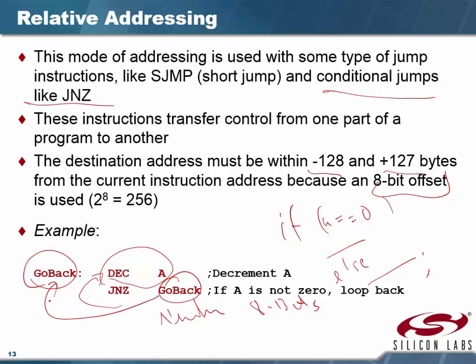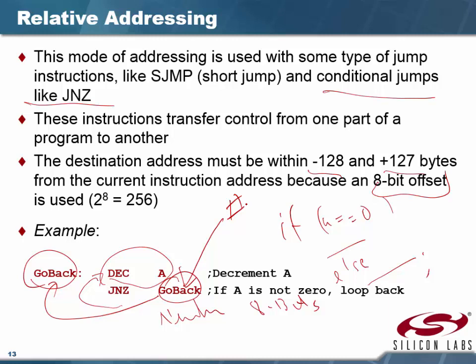Now, in this particular case, because this is a relatively small set of instructions, I can tell you that this label is going to be -2 or -1. In other words, jump to the previous instruction. But the assembler, when it assembles the code, will actually put a number in that place. Right there. That's going to be either from -128 to plus 128. But it will put a number in there for you.